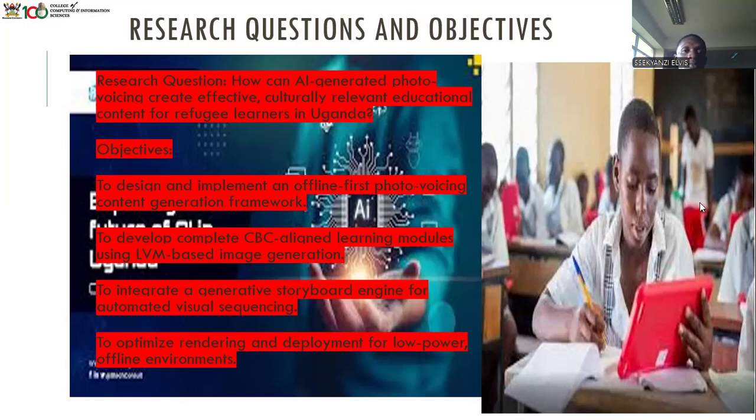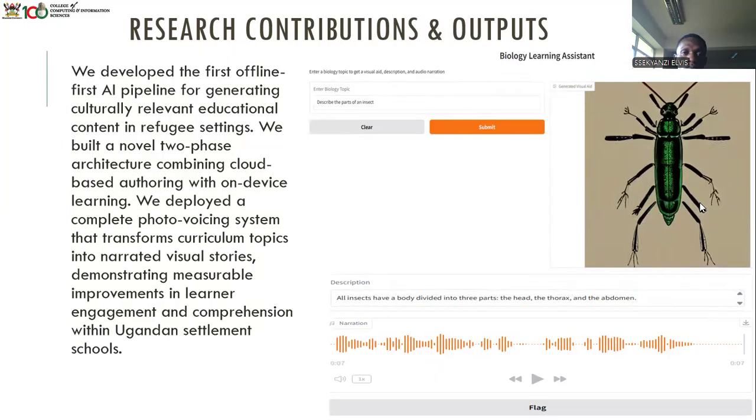So the contributions are this. The screenshot shows an image of the model that we have so far developed, where we will enter a specific topic and the model will be able to create.